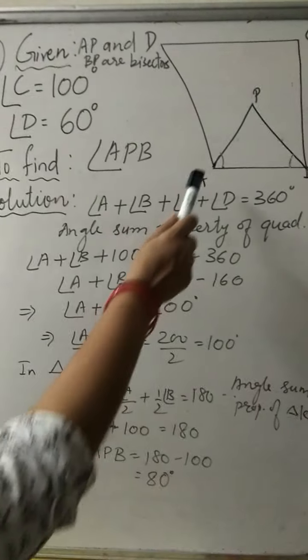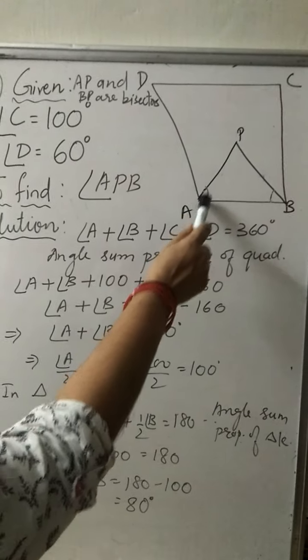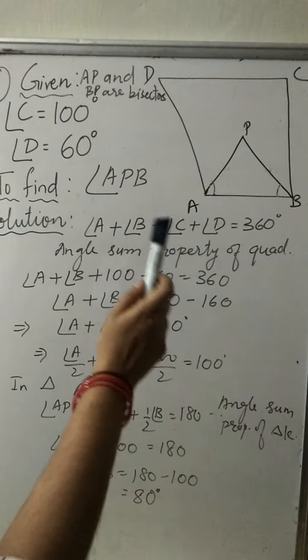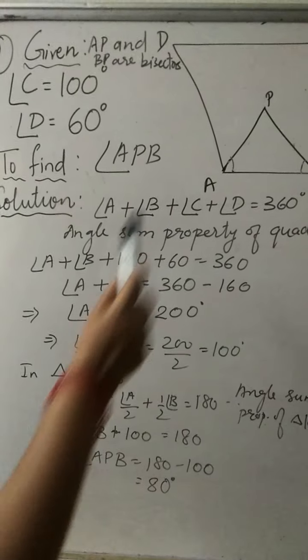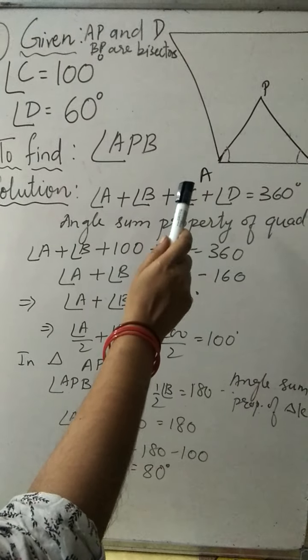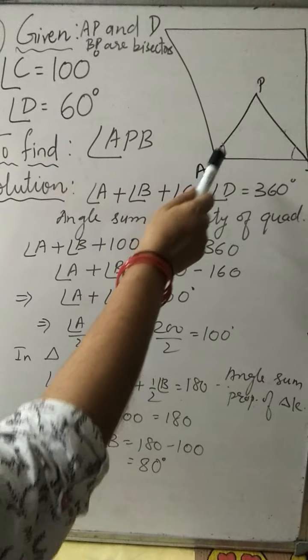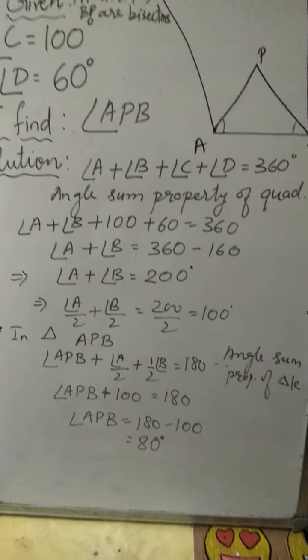Now because we want only half of A, because we want only this part, we will get this when we divide angle A by 2. Because AP is a bisector, suppose angle A is 120 degrees, then its half will be 60 degrees. I'm just supposing that.